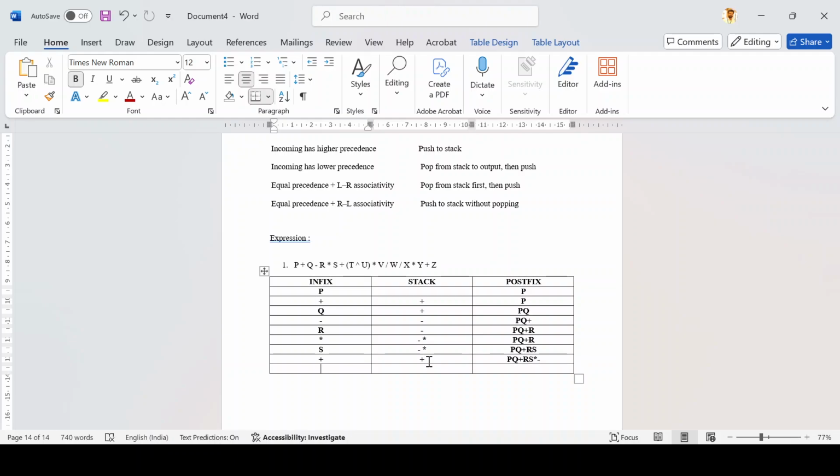So now after the plus, there is an incoming open bracket. So simple. Straight away I push the incoming operator onto the stack. The open bracket gets pushed. Then we have a T that goes to the final expression.